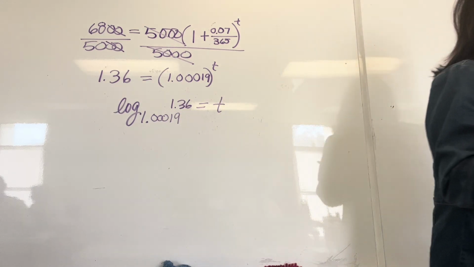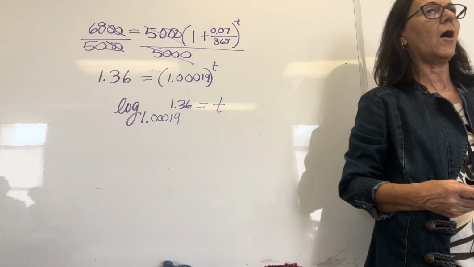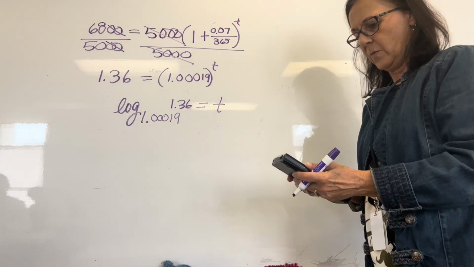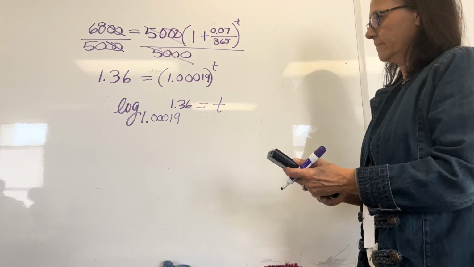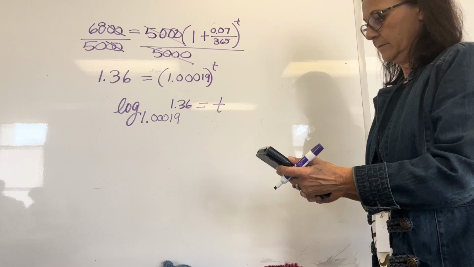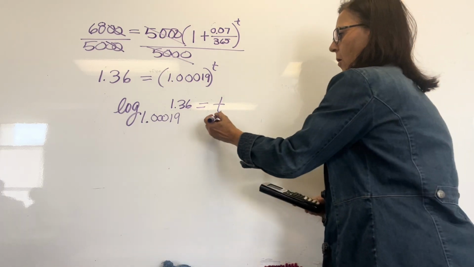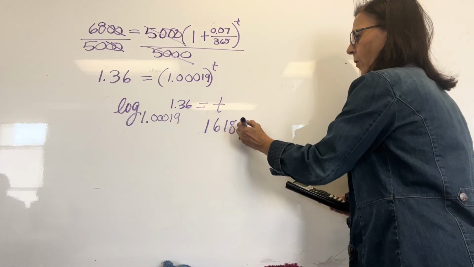All right, so you're going to go to math on your calculator. It's in that first column, way down. Math and go way down, below summation. It's 1,618.49.